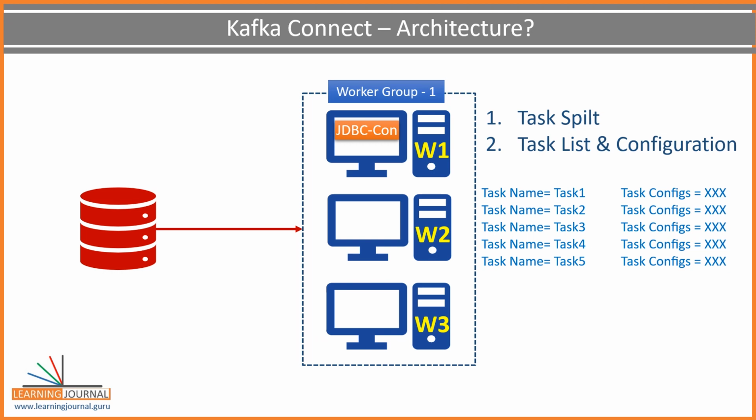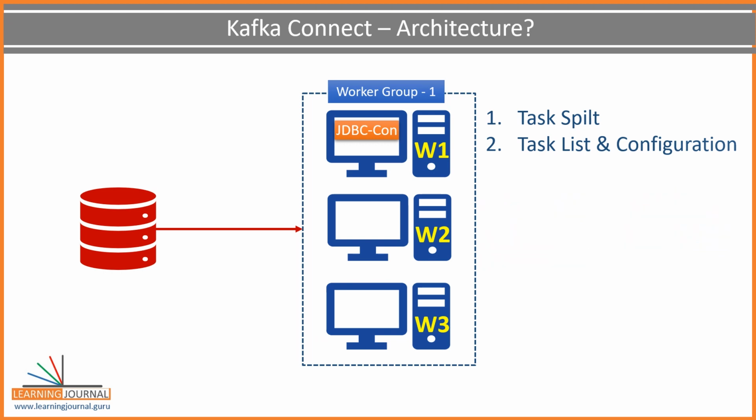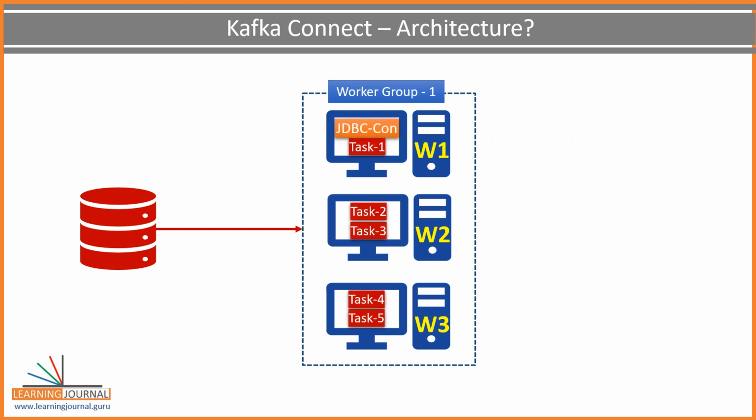In our example, it is just 1 table. Connector will also include some additional configurations such as database connection details and other things to make sure that the task can operate as an independent process. Finally, the list of tasks will be given to the workers and they will start the task.